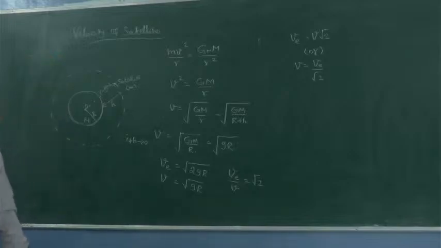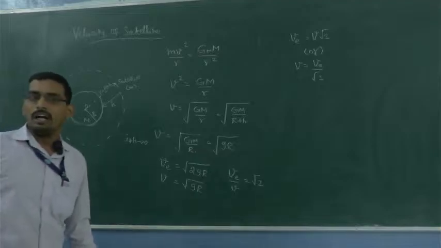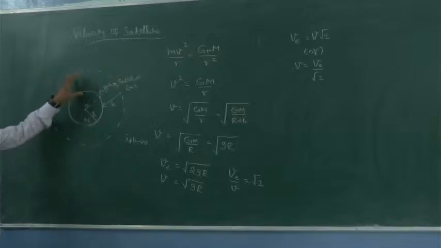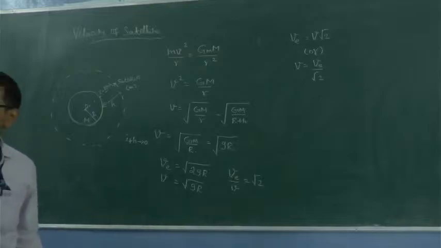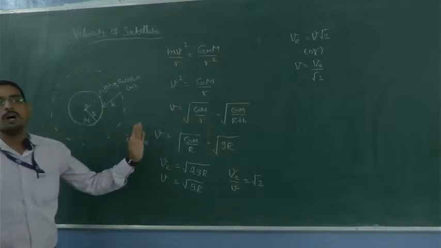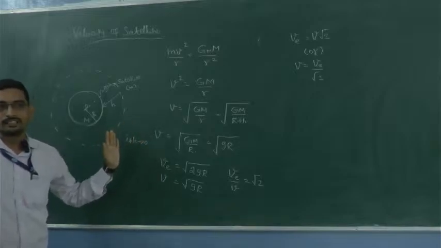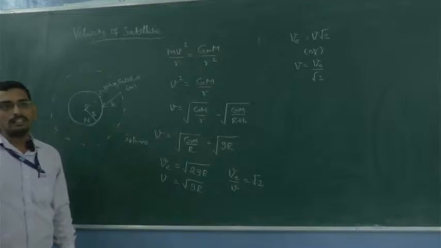In the case of polar satellites, do you know what they are? Satellites that revolve through the north pole and south pole in a vertical plane are called polar satellites. All polar satellites are available at a short height from the Earth surface, around 300 km to 400 km. Within that range only polar satellites will be available. So in that scenario h is very small. Here I have considered h tends to 0, though h will not be exactly zero.